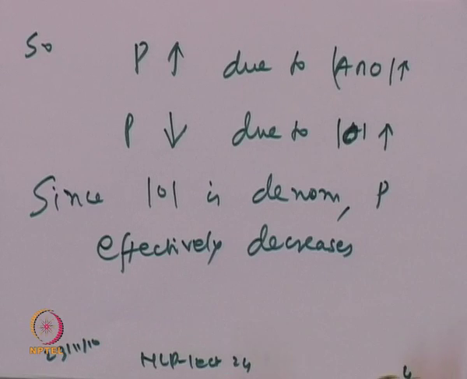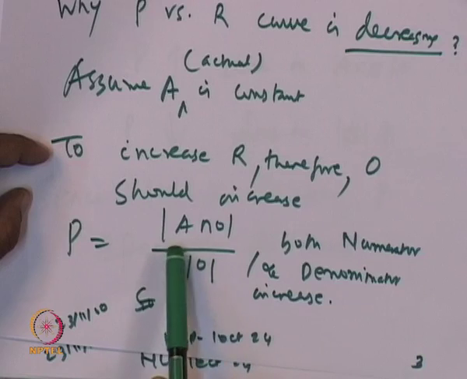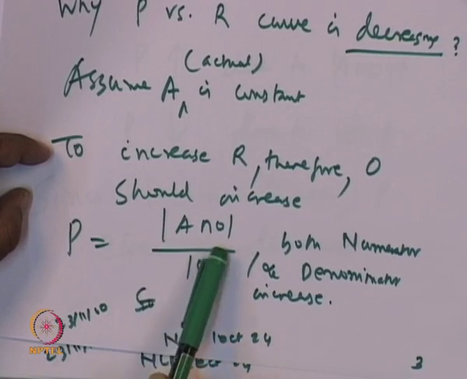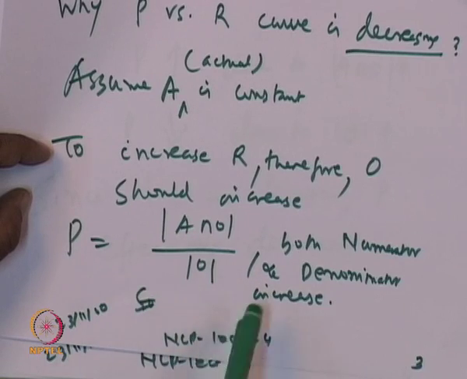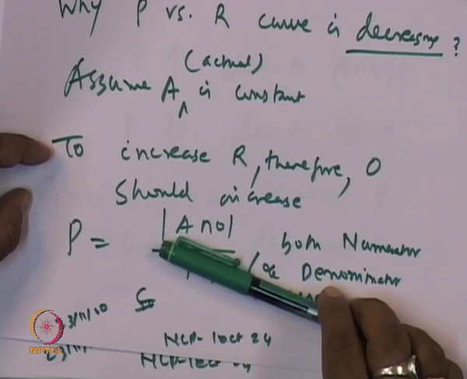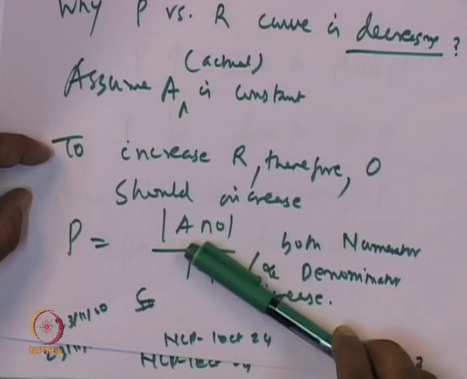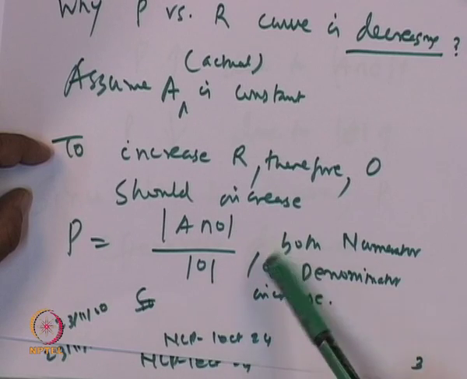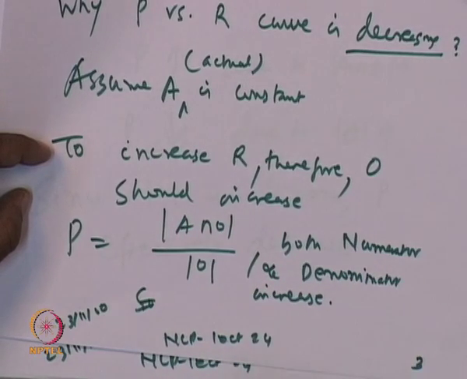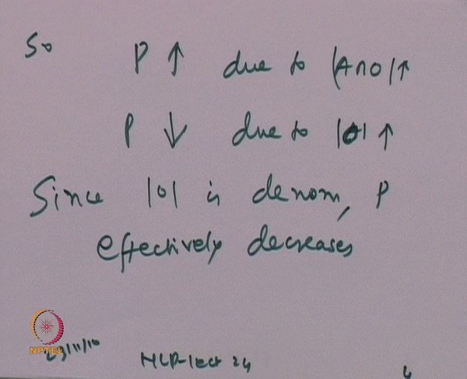Now, another way P could increase is by increasing the overlap between A and O. So, both A and O remain the same, but O goes inside more into A, and thereby A intersection O increases. If that happens, then of course both precision and recall increase, but normally that does not really happen.